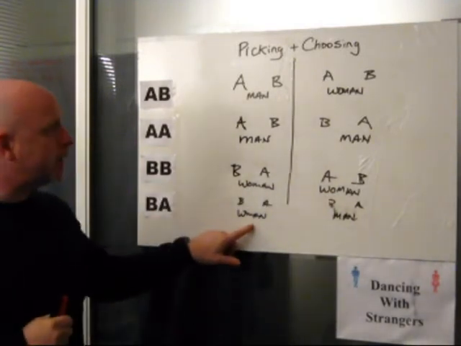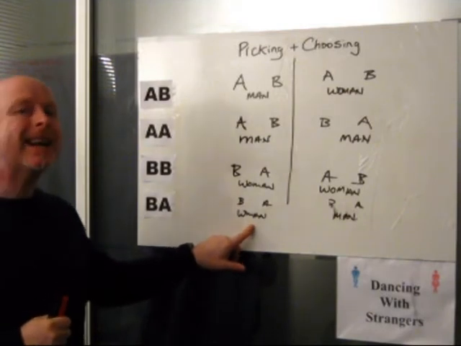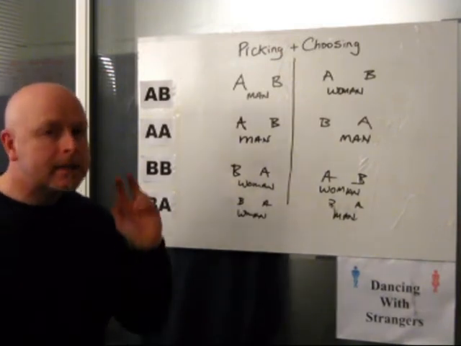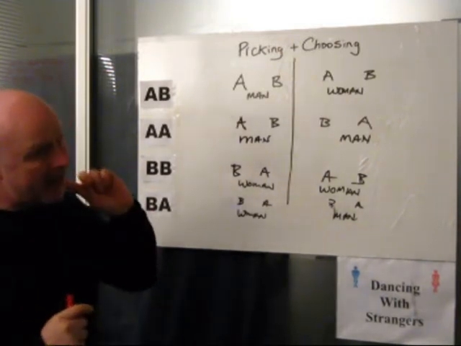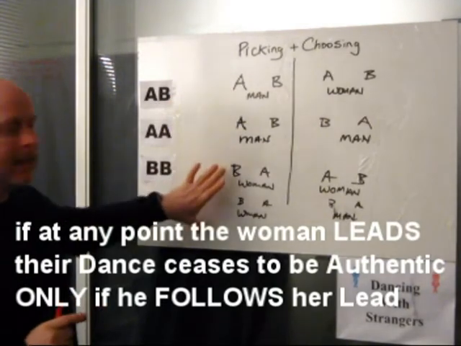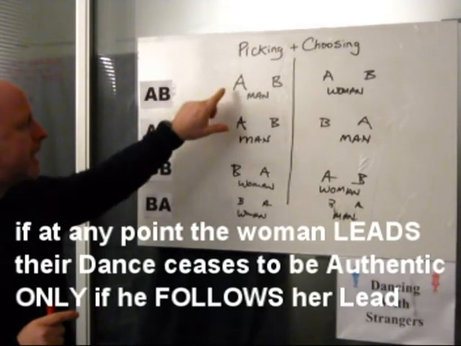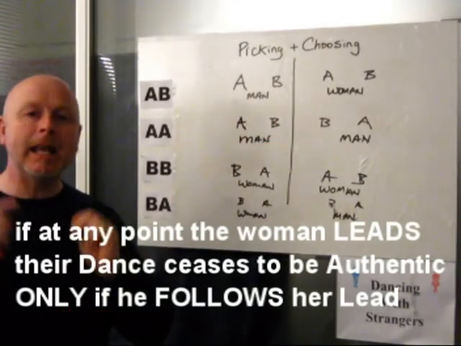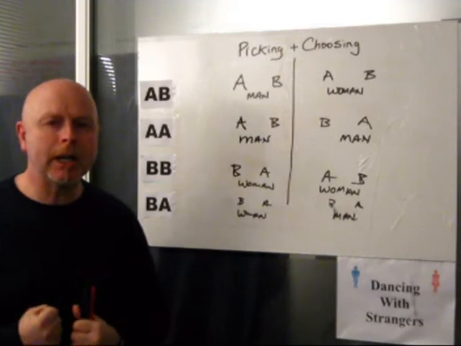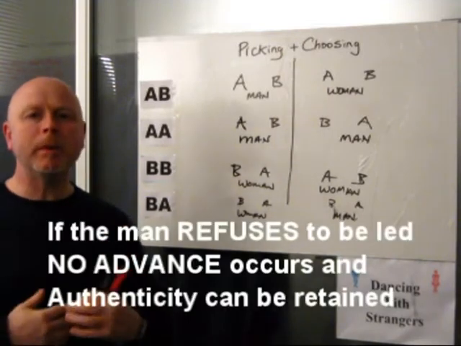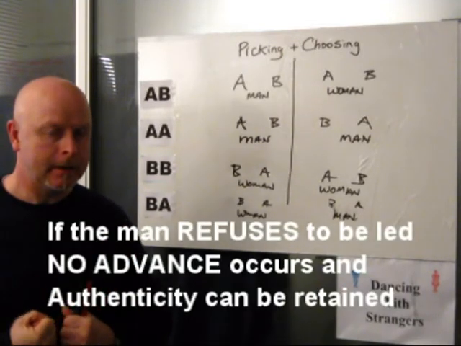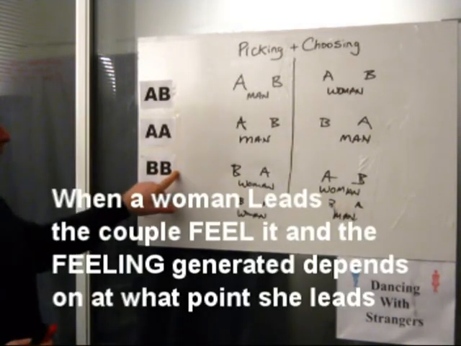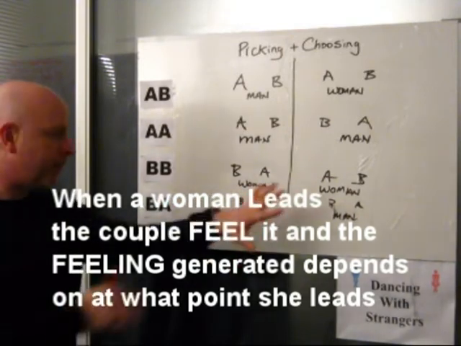So in this situation, when the woman picks, she essentially is making the advances. She's making the sexual advances. If at any point in any of the dances, the woman makes the first move in any part, she is making the advances. Emotionally, both the man and the woman feel that. We feel it. In this situation, BB, what would happen if you were in a dance hall?